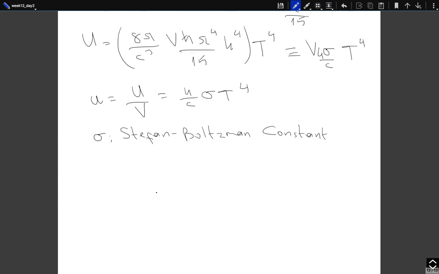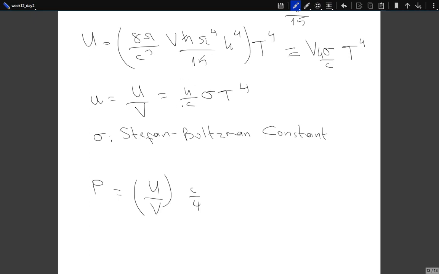We had shown that the effusion coefficient, or let's say the number of particles emitted per unit time per unit area, was just 1/4 the average speed times the energy density. Now in this case the average speed is the same, c for everything, so the power emitted would be just U over V times c over 4.